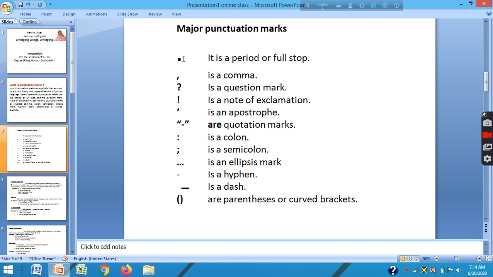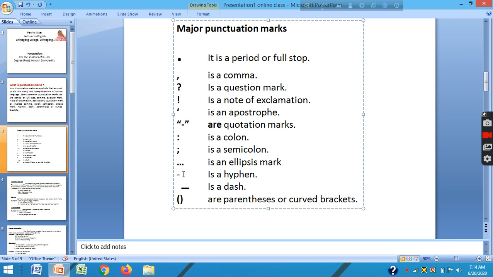Dear student, let us identify the punctuation marks. It is a period or full stop. It is a comma. It is a question mark. It is a note of exclamation. It is an apostrophe. These are quotation marks. It is a colon. It is a semicolon. It is an ellipsis mark.